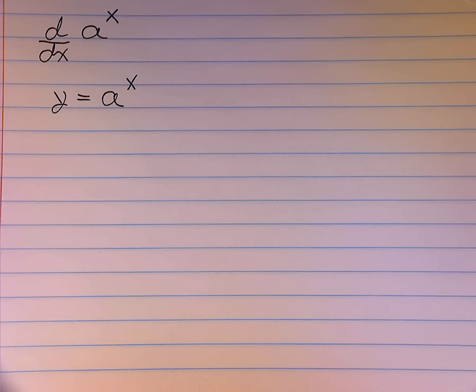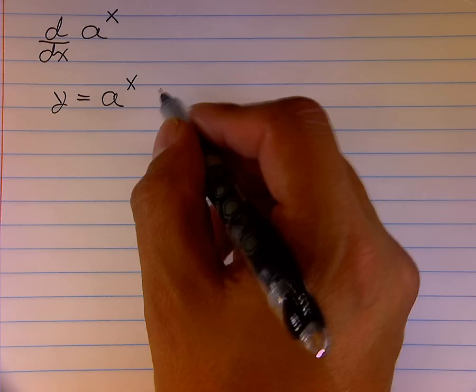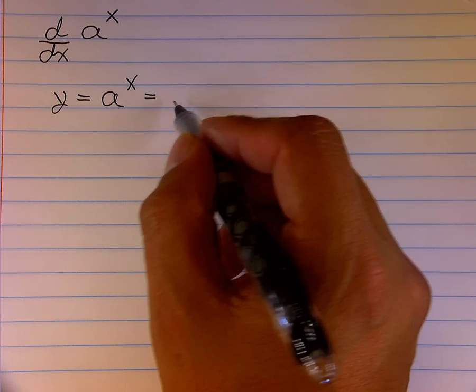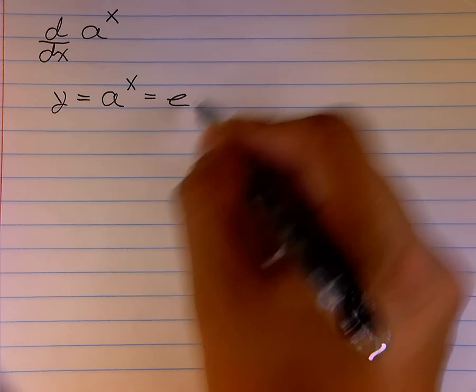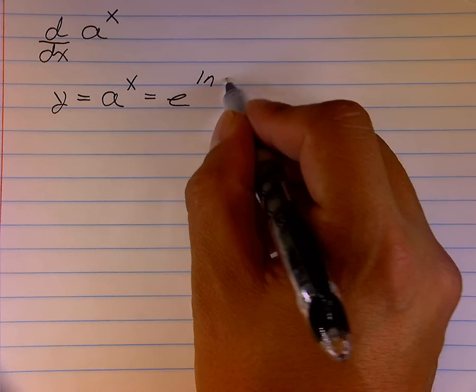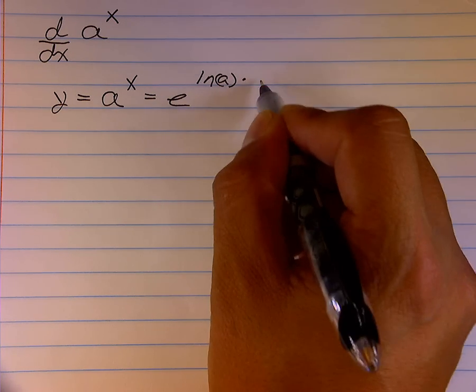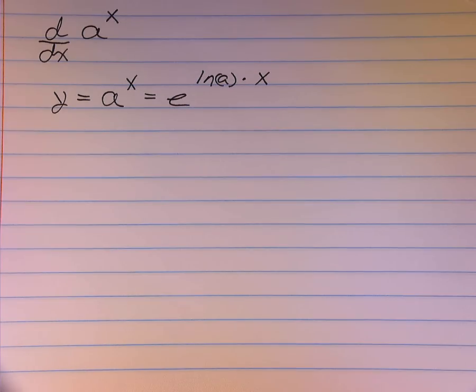Okay, I'm going to notice that I can rewrite a to the x as e to the ln of a times x. That's one of the exponential properties you have.